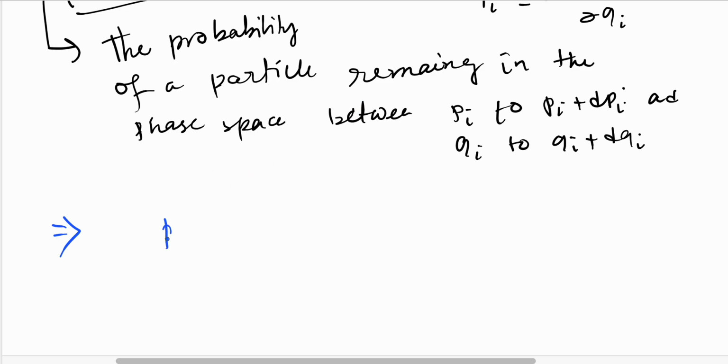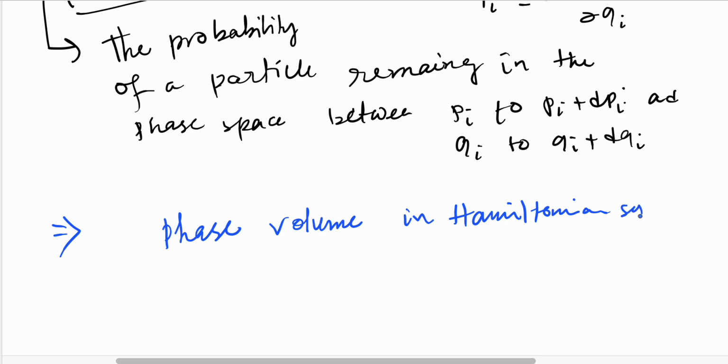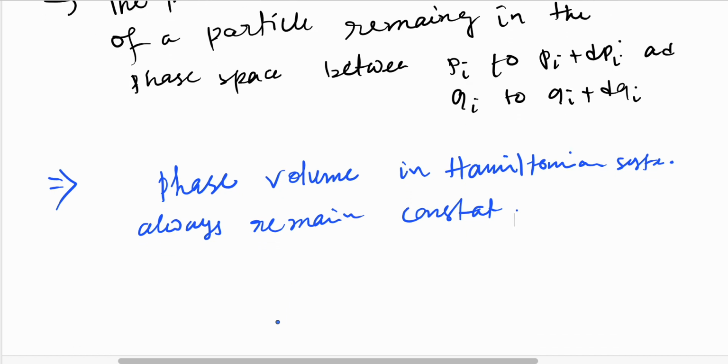That means the phase volume in a Hamiltonian system always remains constant. What does it mean? It means the total accessible volume: if I put in a particle whose energy is E, then the total accessible states, that is the accessible positions and momenta, create a volume.